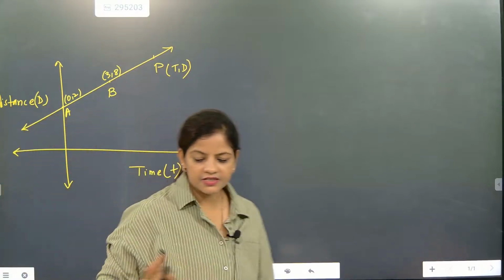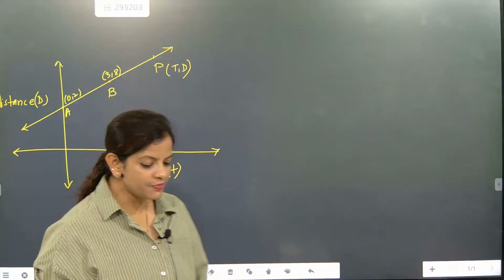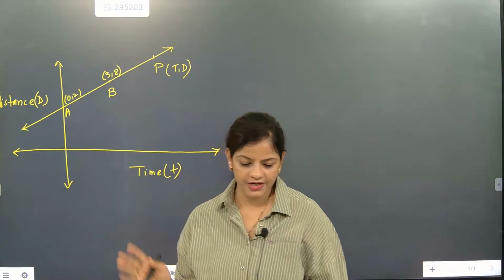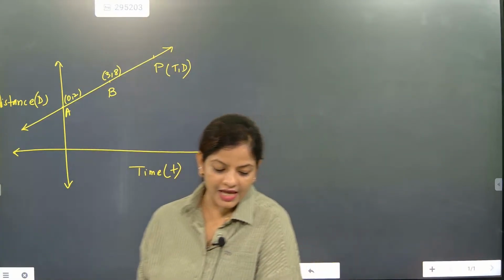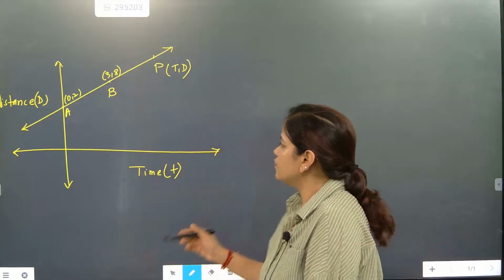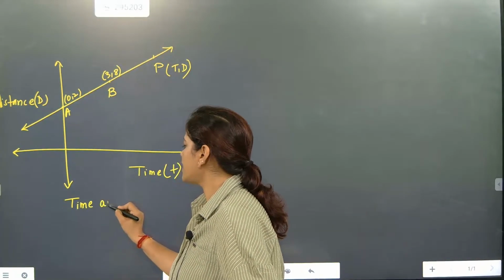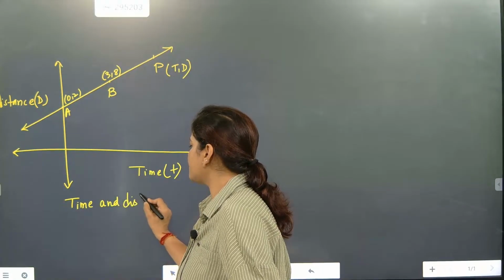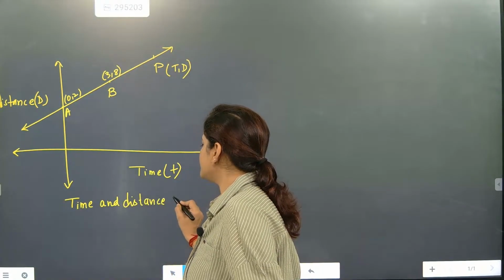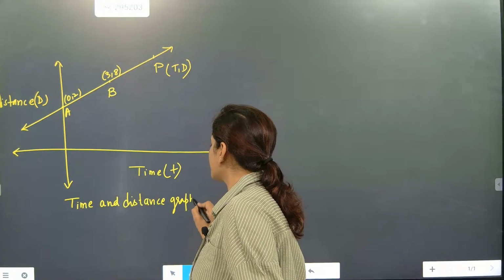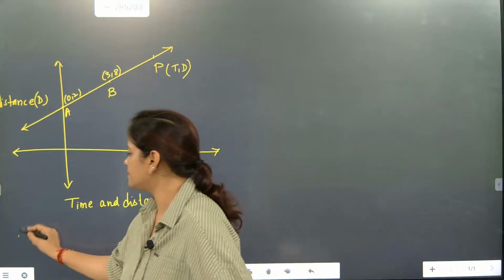So time t and distance d part is done. Now for the next part, please pay attention to this question. They are telling us the time and distance graph of a linear motion.